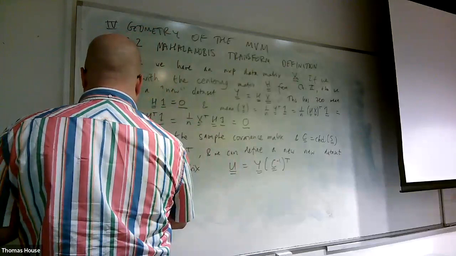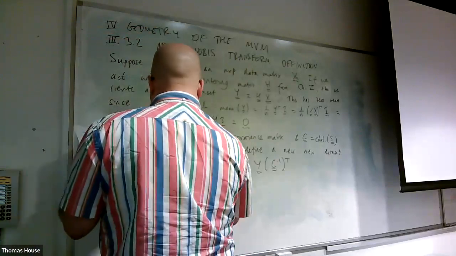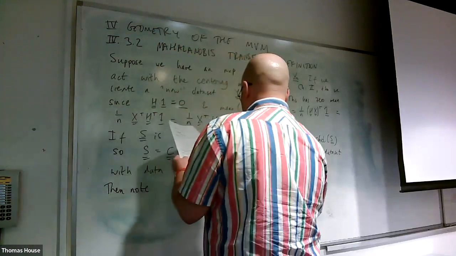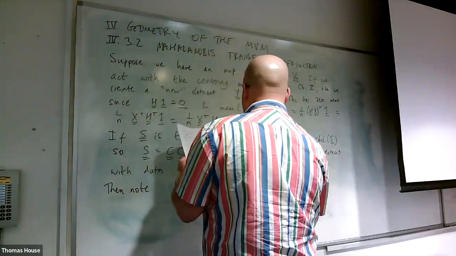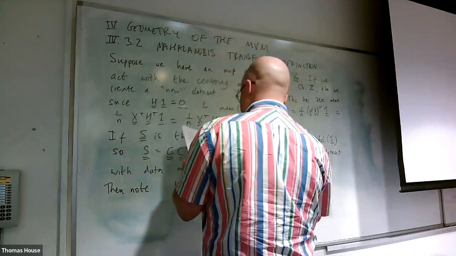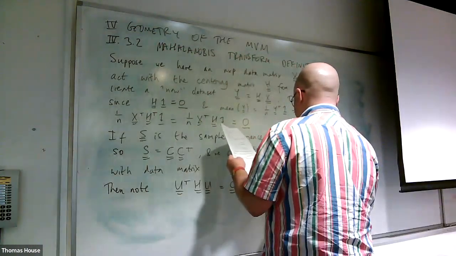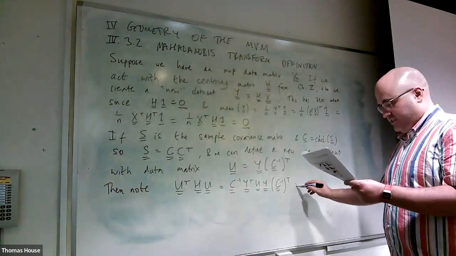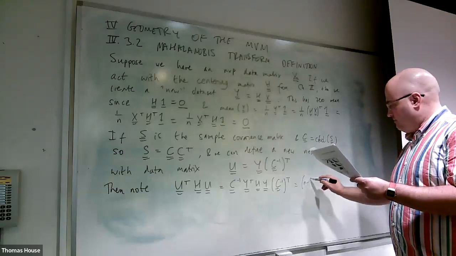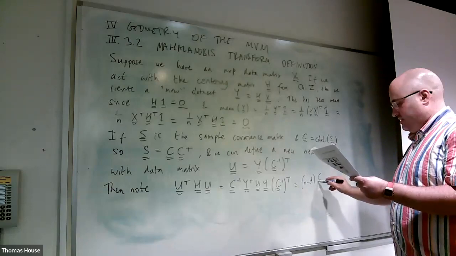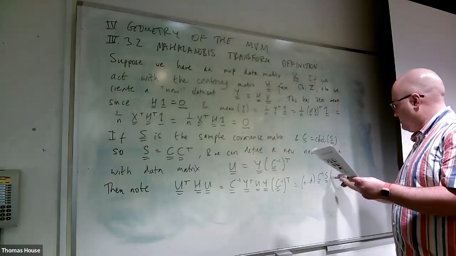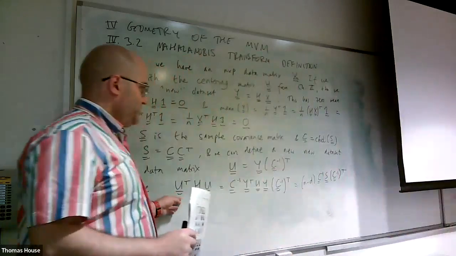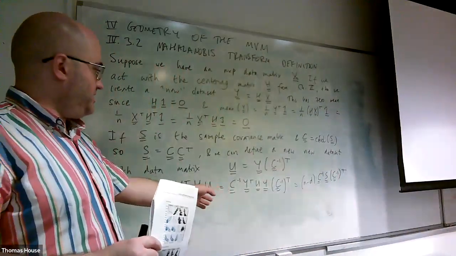So then note that U transpose H, U is C minus 1 Y transpose H. Yep, that's just substituting in things that we've seen before, which is 1 over n minus d, C minus 1 S. Okay, so this is us trying to calculate the covariance of the new data set, yeah?